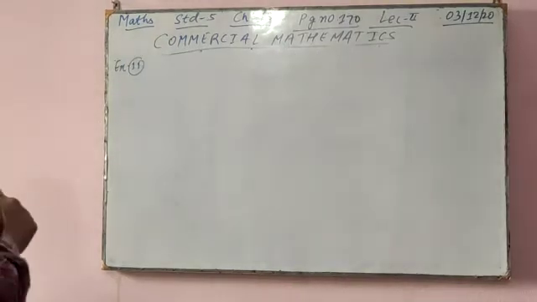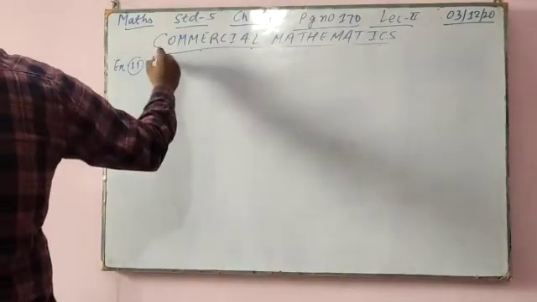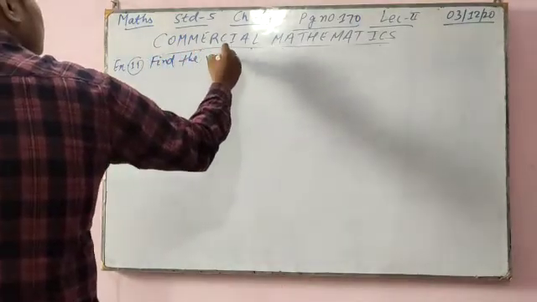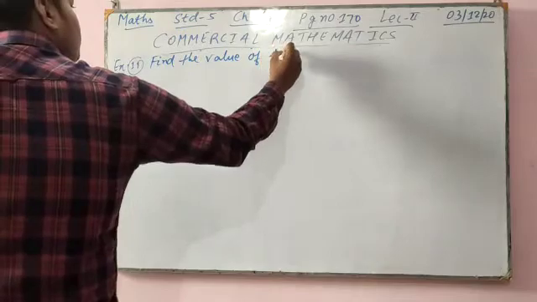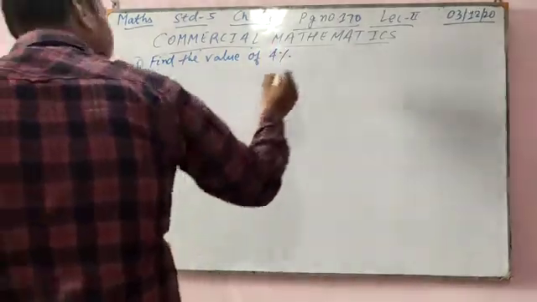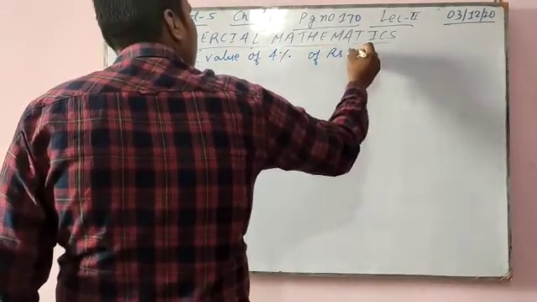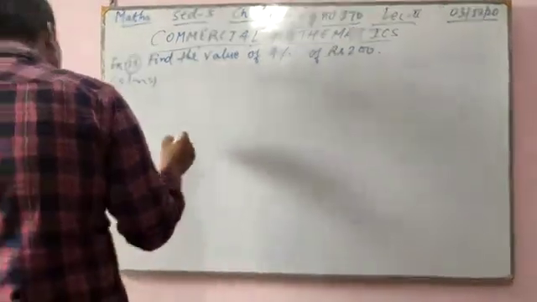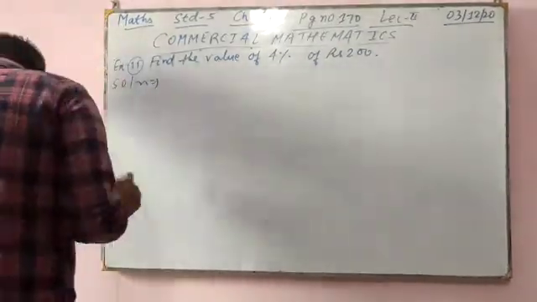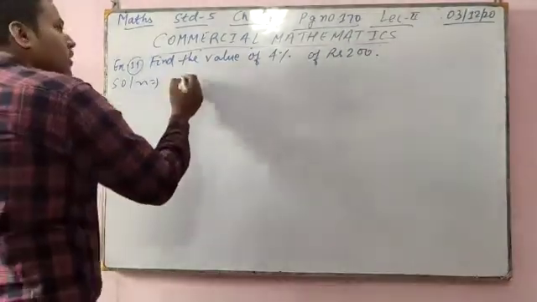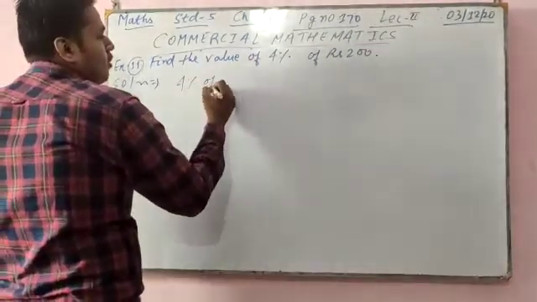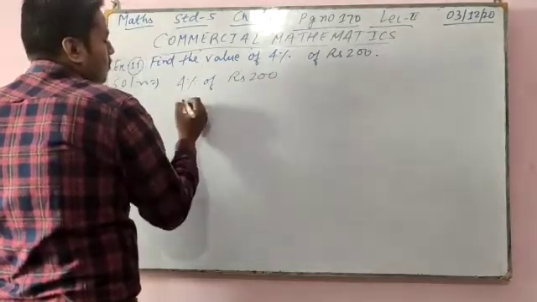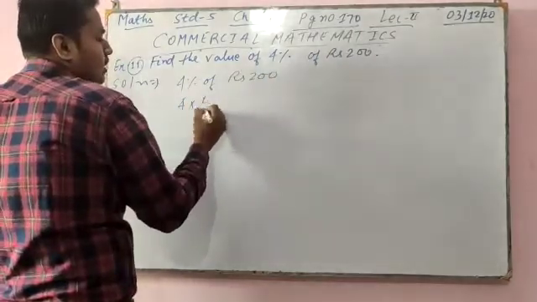Example number 11 is: find the value of 4% of rupees 200. Okay, so solution. You have to find the 4% of rupees 200. It is very easy. 4% of rupees 200 means what? 4% means 4 into 1 by 100.